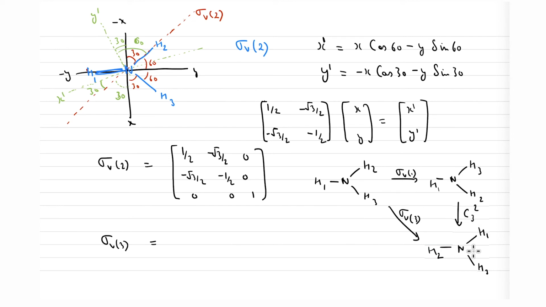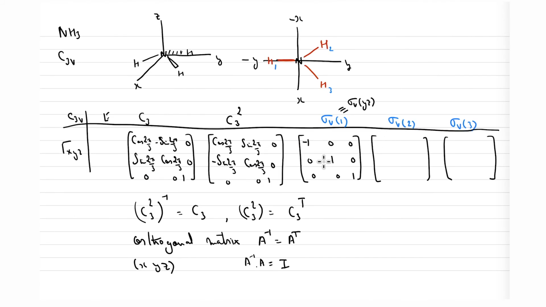So using this, we can write that sigma v3 is equal to sigma v1 followed by C3 square, right? We already know sigma v1 and we know C3 square, so we can write the product.